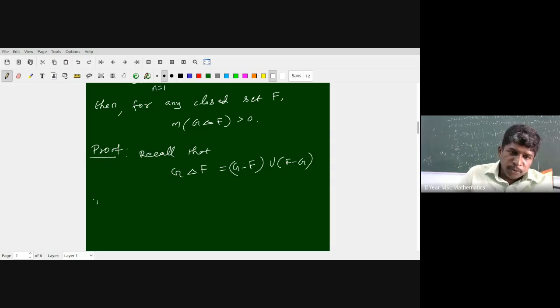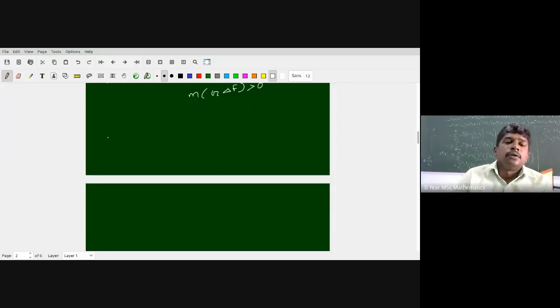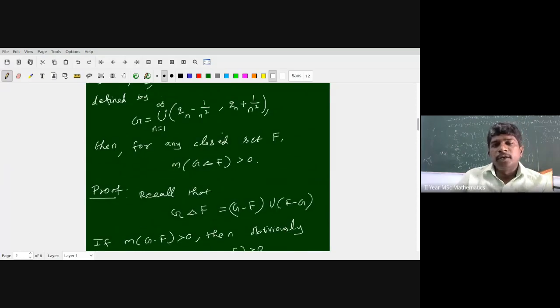Right? Suppose the measure of G minus F is positive, then obviously the measure of G delta F is positive. Right? On the other hand, if the measure of G minus F is 0, then, since G is a countable union of open intervals, G is open, and F is closed.